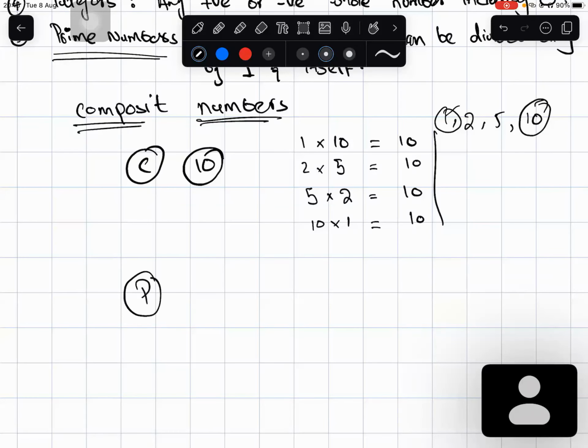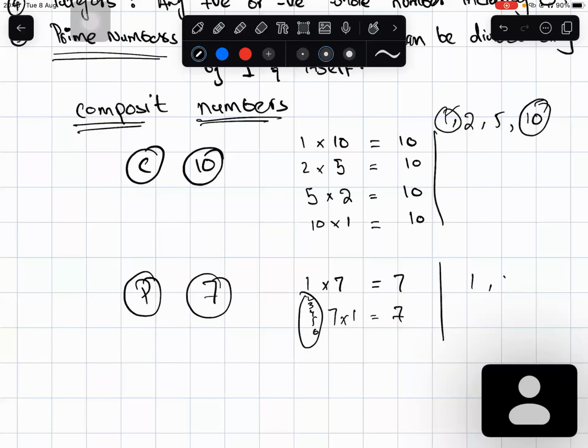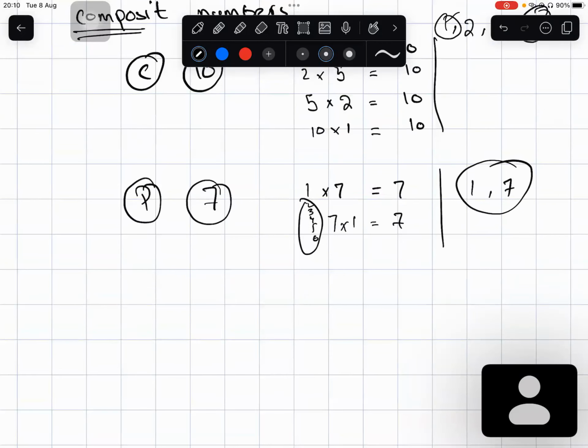A prime number example would be 7. 1 times 7 is 7. But 2, 3, 4, 5, and 6, none of these numbers can be multiplied with any number to get 7. The only other option is 7 times 1 is equal to 7. So numbers which have only 2 dividers, 1 and themselves, are prime numbers. And 7 is an example.